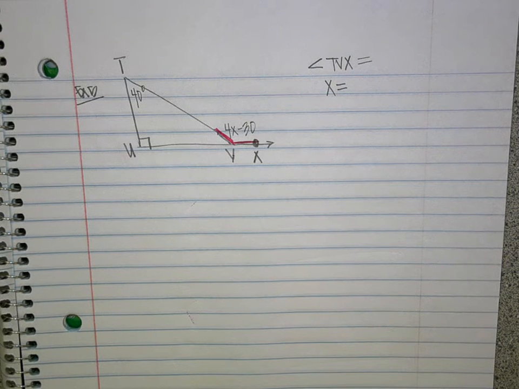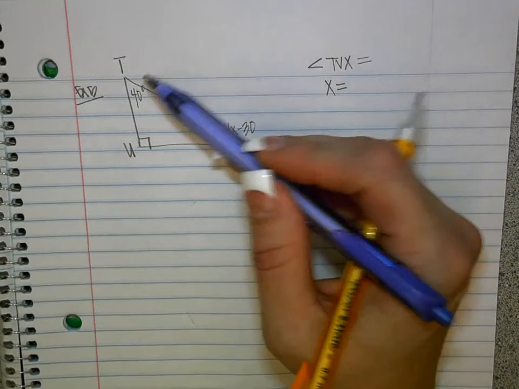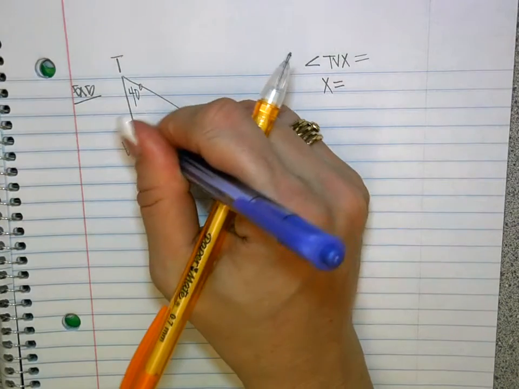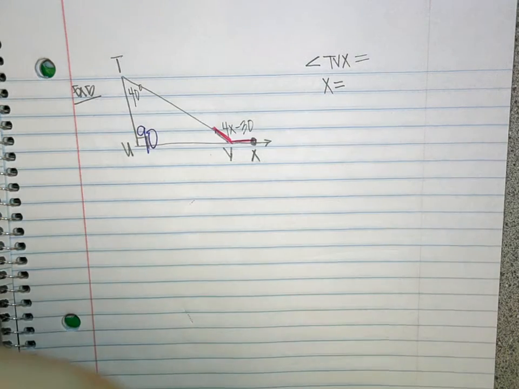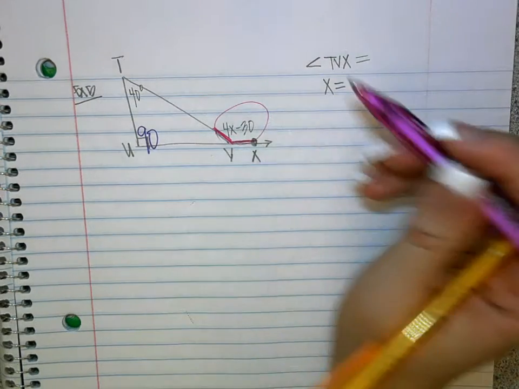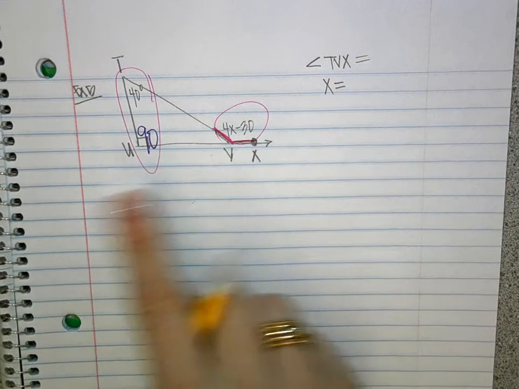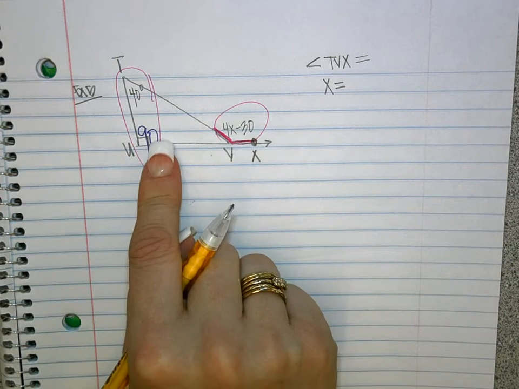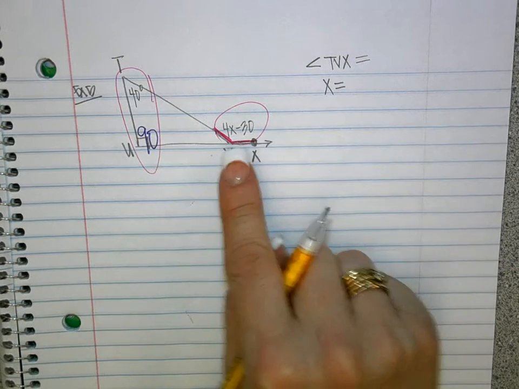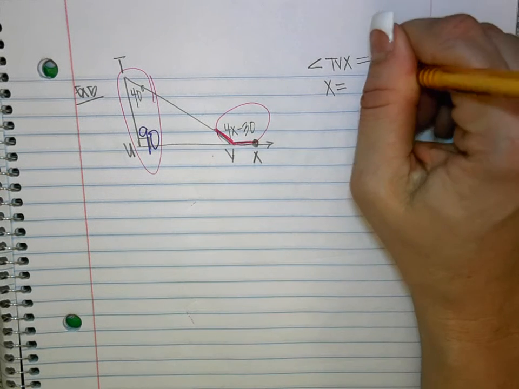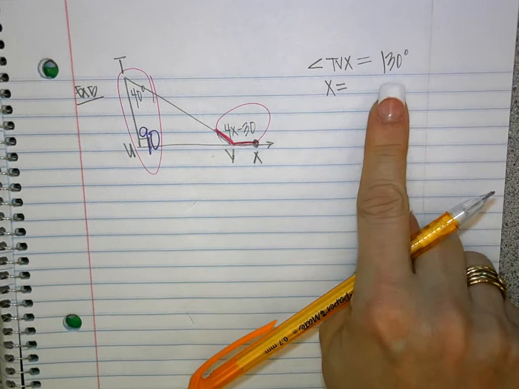How did we get 130? You added 40 and 90. Exactly. It is supposed to be that simple. This whole thing is equal to these two added together, so you can do that in your head. We know that angle TVX is equal to 130 degrees.